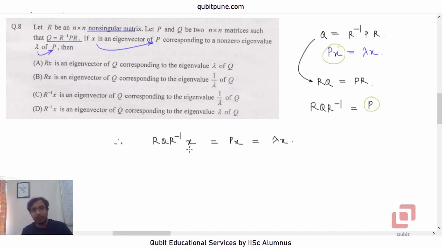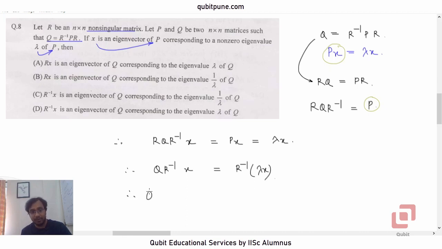So we will now pre-multiply both sides of this equation by R inverse. So this R will go, the first R. So we will get Q into R inverse into X equal to, I will not write Px now, I will write lambda x. We have pre-multiplied both the sides by R inverse. So it is R inverse into lambda x.